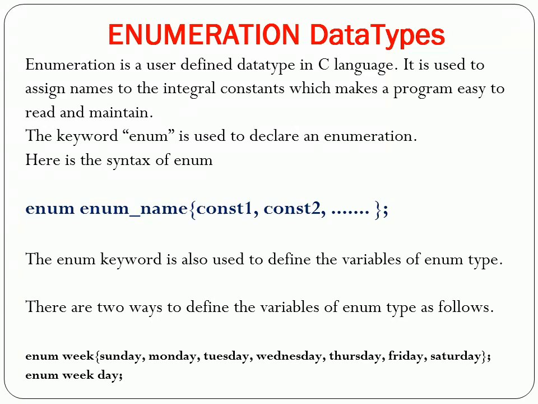First, we declare an enumerated data type with its values, and second, we create an object for the declaration, and using that object we can access the values declared under the enumerated data type. That will be seen in the next slide.